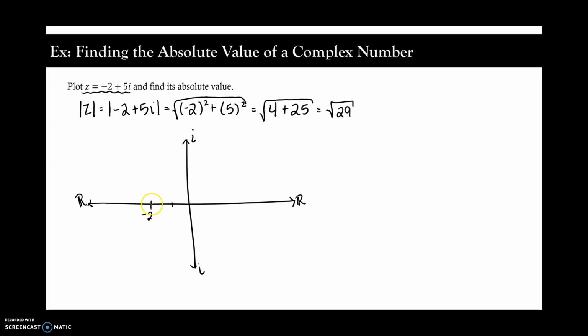So negative 2 in the real, and 1, 2, 3, 4, 5, and 5i. Five is right there. So it's negative 2, 5. And this point here is negative 2 plus 5i. And that's what it means by plotting that.